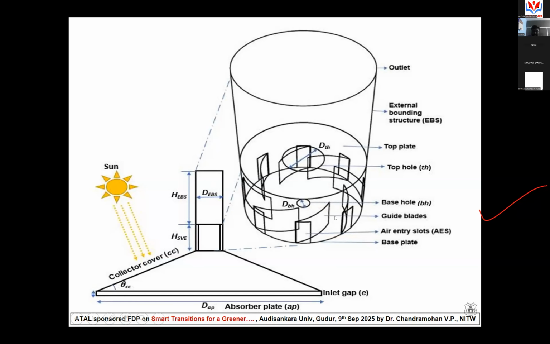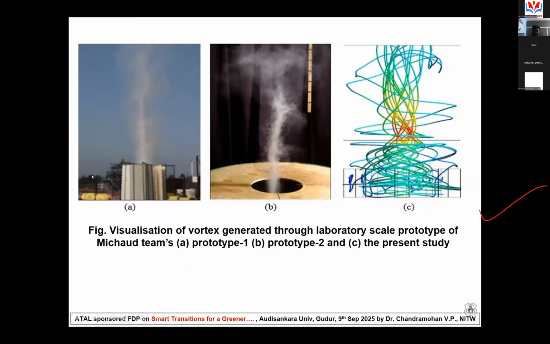Actually, it is still in the developing stage. We are not developing a real setup, but we ran the simulations. This concept was developed a very long time back. The prototype was developed by my card team. They developed prototype one and then prototype two, and in the prototype they used agarbatti smoke, and the smoke comes towards the top hole like that.